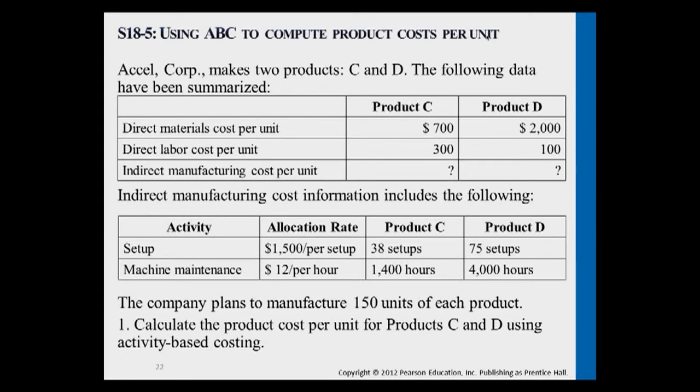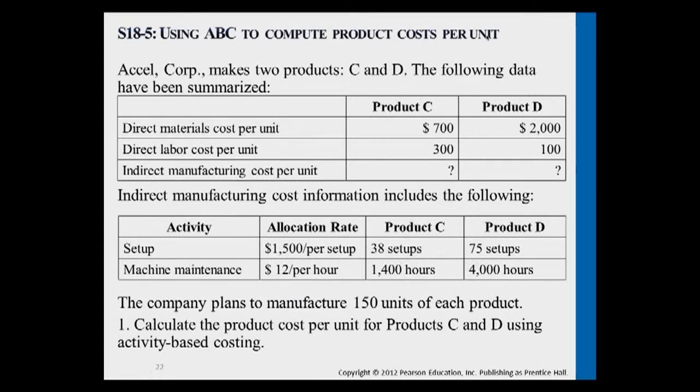So what did you do? The allocation rate is $1,500 per setup. The start fee, the 38 setups, 1,500 times 38. Okay. So 1,500 multiplied by 38, you got 57,000, I'm sorry. And then add $12 an hour times 1,400 hours.